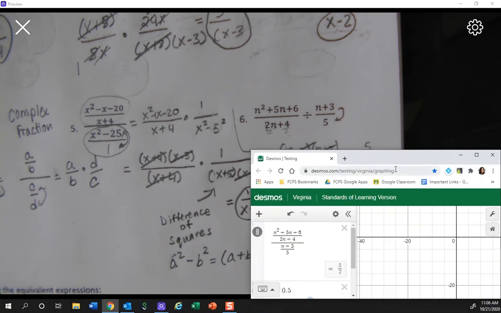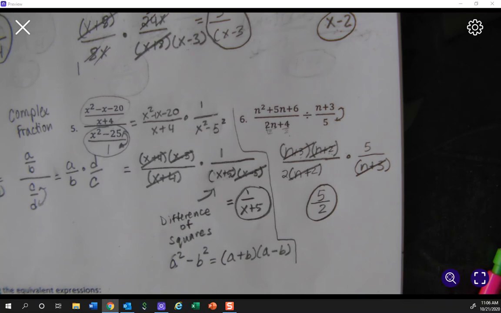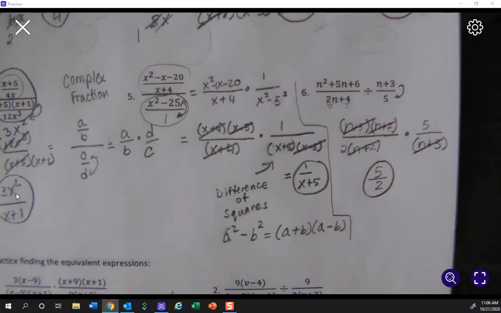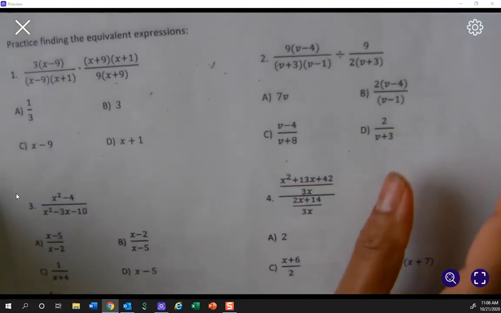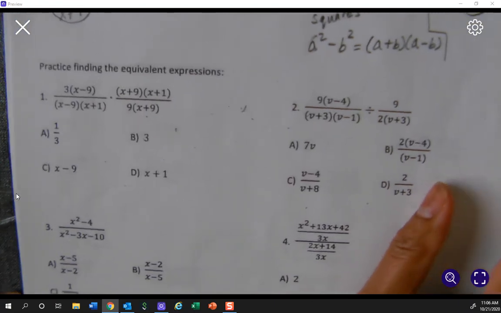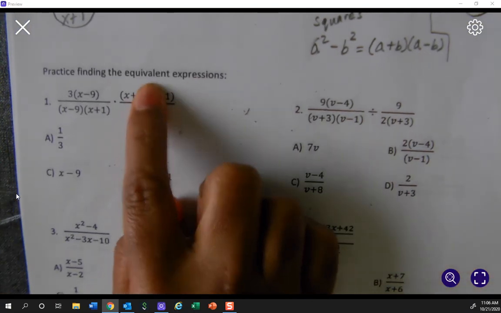All right. I'm going to go to this next set of problems that we have here, where we're going to look at practice finding equivalent expressions.